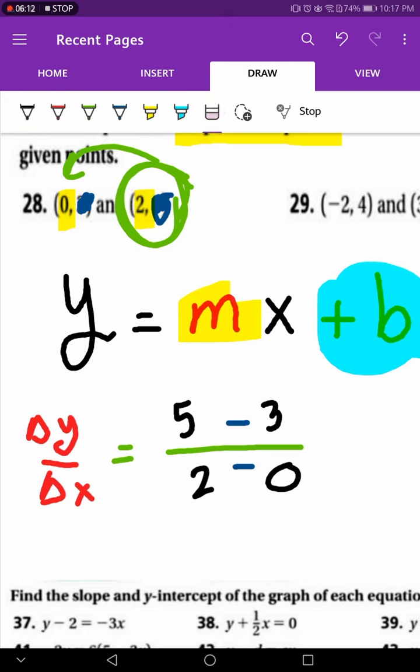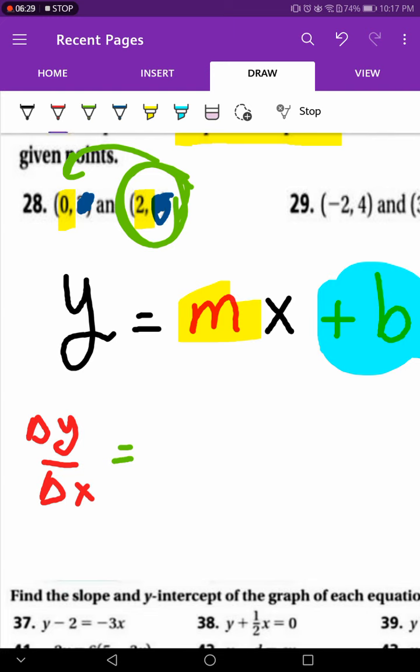Now 5 minus 3 is, yes, 2, and 2 minus 0 is 2 also, and 2 over 2 equals 1. So m is delta y over delta x, which equals 1, so m equals 1.